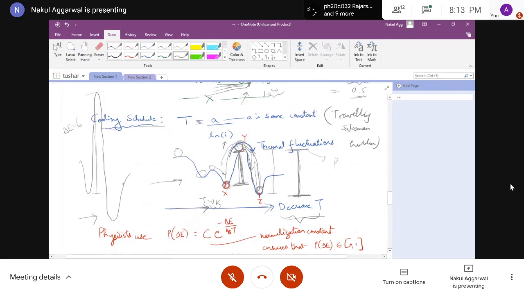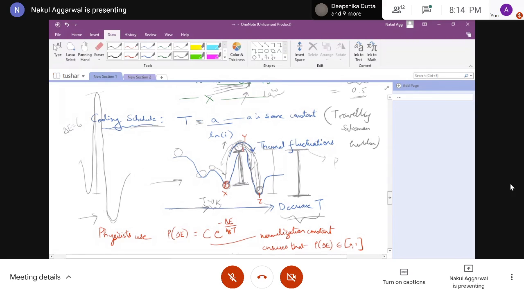It is too high. So simulated annealing does not always ensure that we end up in the correct solution. But if you run the algorithm several times and you have an appropriate cooling schedule and a good stopping criteria, many NP-hard problems, or NP-complete problems rather, have been solved by simulated annealing.